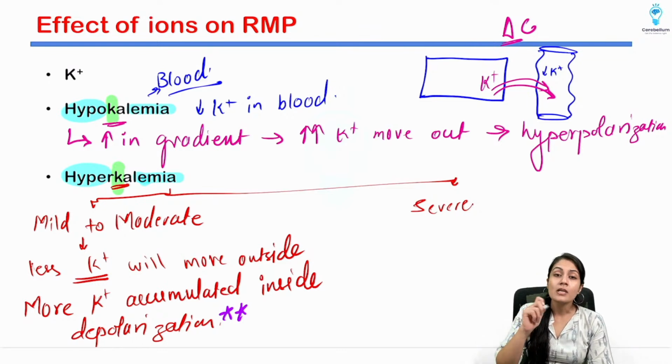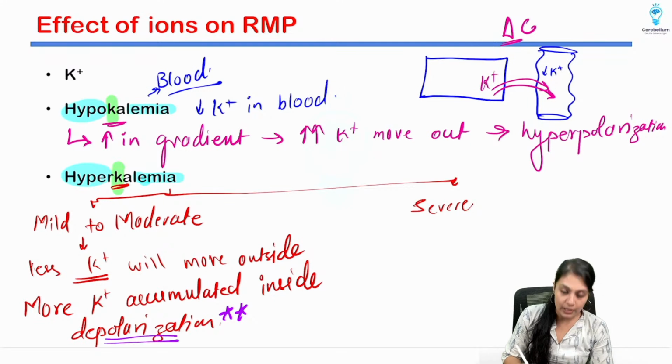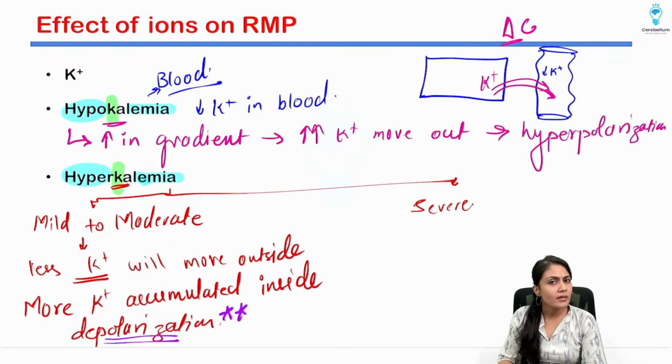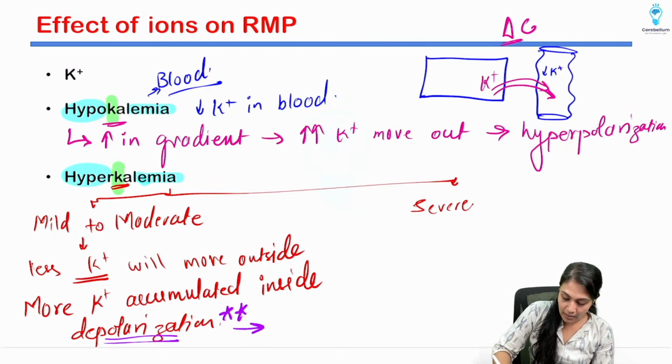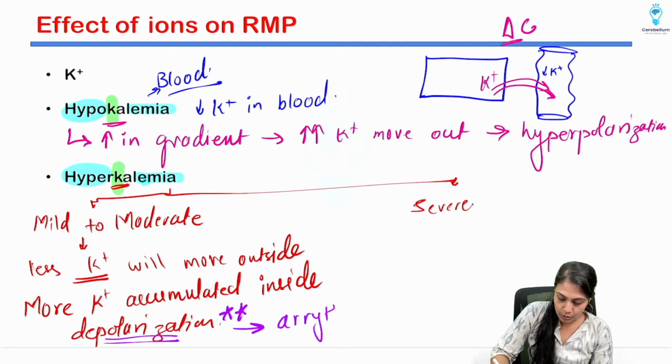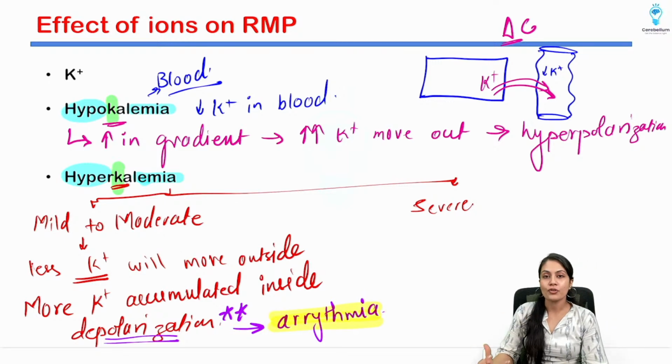Why? Because even moderate hyperkalemia can lead to such drastic changes that it will lead the cell to depolarize. What is the risk? The risk is that we do have a heart, which is going to be affected, right? And it will make the heart go into an arrhythmic condition. So arrhythmia is going to take place. That's why it is very, very important to maintain whatever potassium values are there.